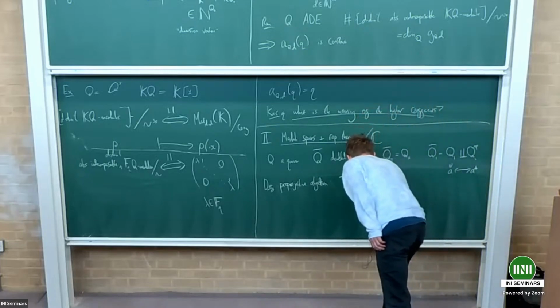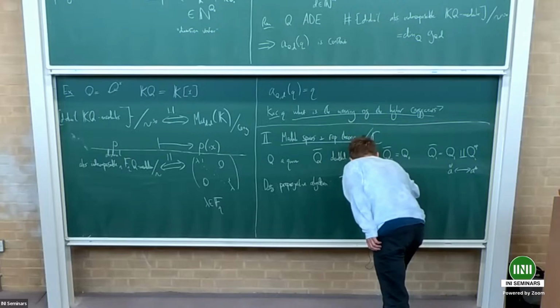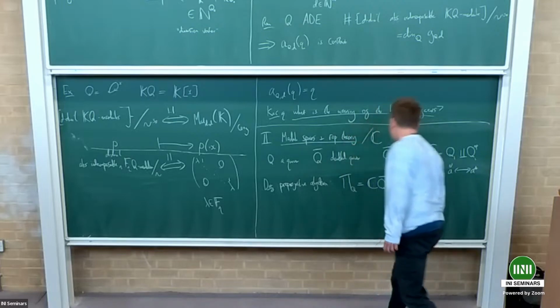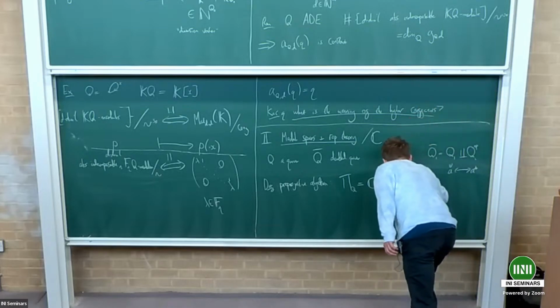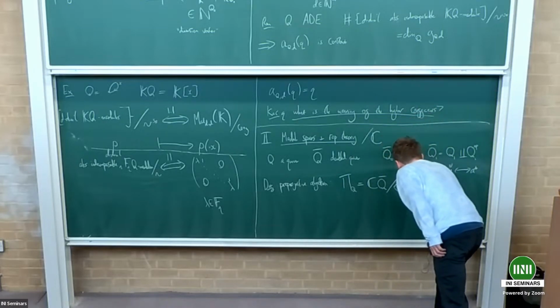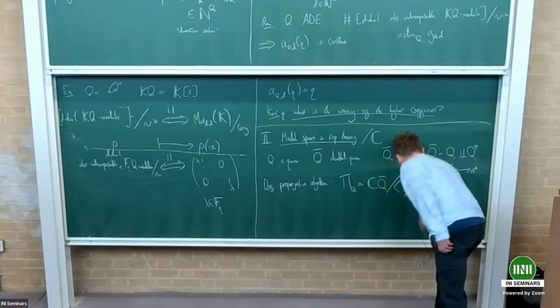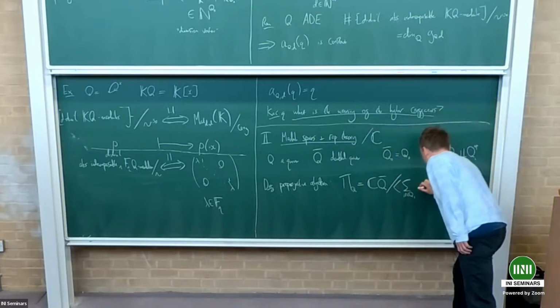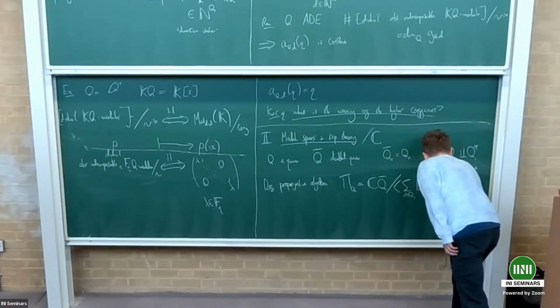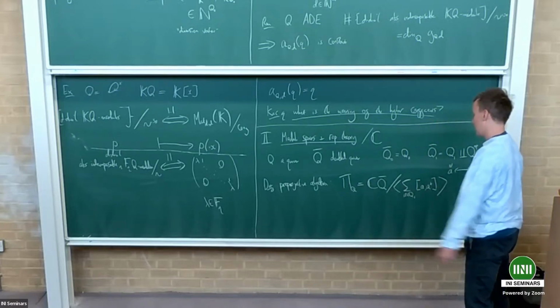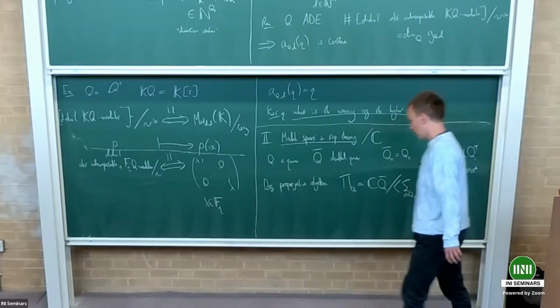So this is given by the free path algebra of the doubled quiver over the complex numbers, modulo the two-sided ideal generated by a single element. I take the sum over all of the arrows of the original quiver, the commutator of a and a star. And I take the two-sided ideal generated by that and quotient out by it.